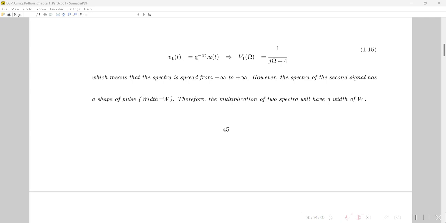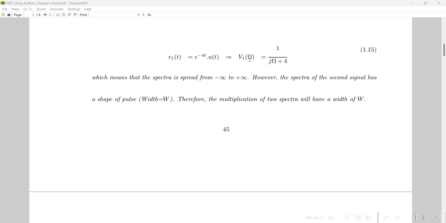Meanwhile, we remember from the Laplace transform that if the signal in time domain is v1 of t equals e to the power of minus 4 times t, right-handed, u of t, therefore its spectrum, say V1 of S, will be 1 over S plus 4.